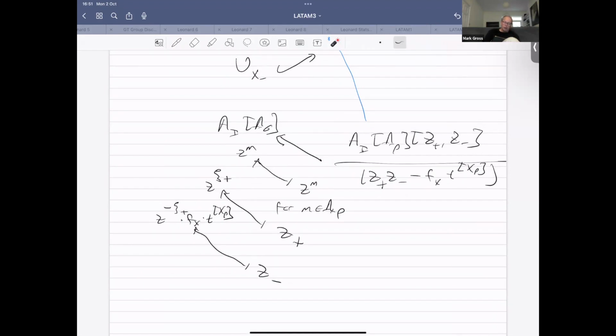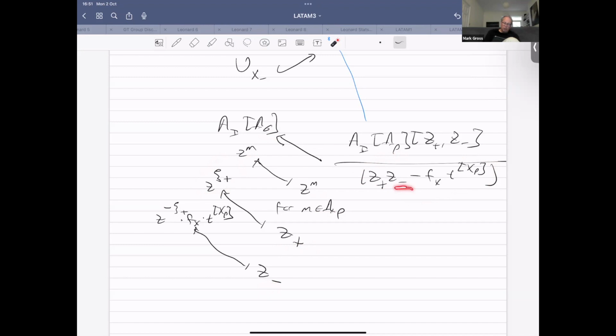So what's going on, again, this lambda rho is just sitting inside lambda sigma. This is the integral tangent vectors to rho. This is the integral tangent vectors to sigma. So of course, this is a sublattice of this. So I can just send z to the m to z to the m for any m tangent to lambda rho. I send z plus to z to the c plus. But then I have this equation, and that leaves no choice but to send z minus.